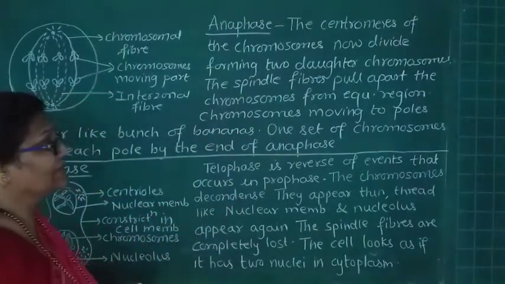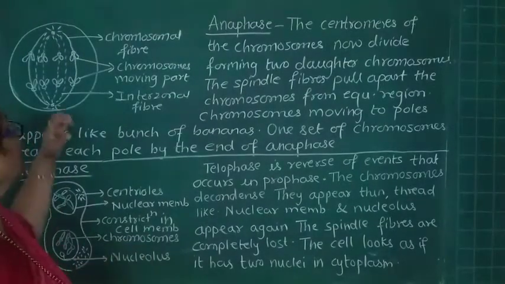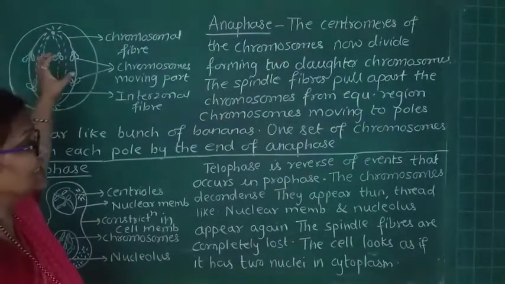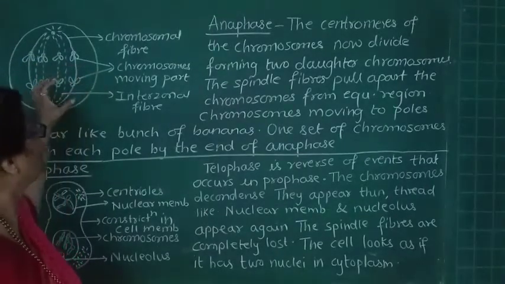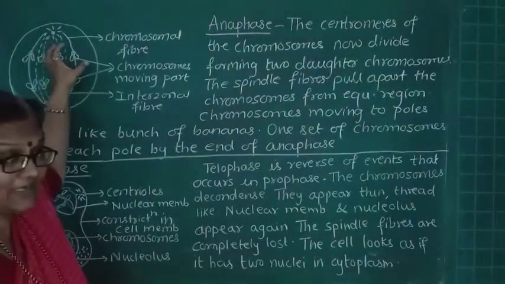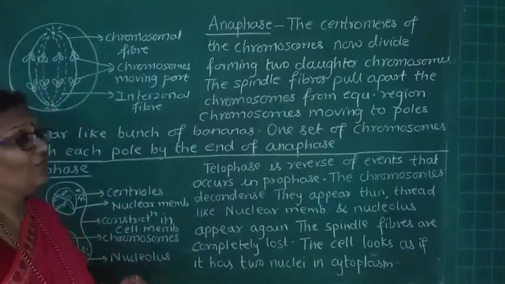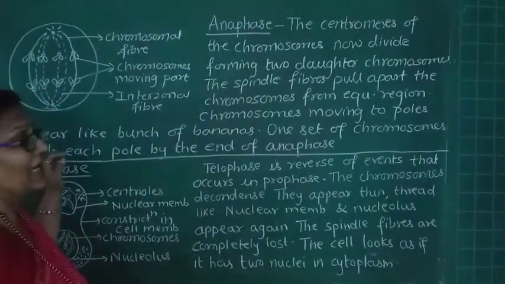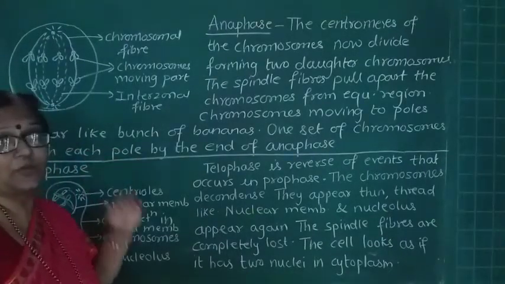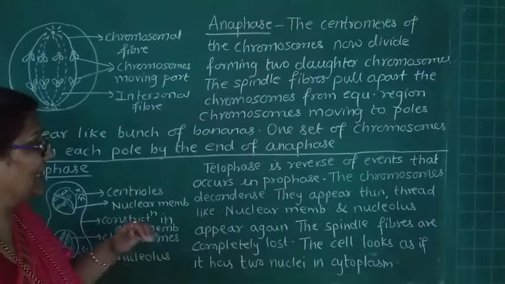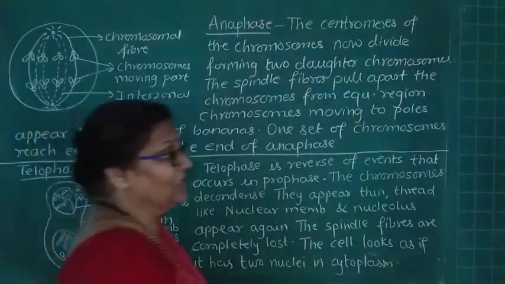That means, at anaphase, as the chromosomes separate and move apart from each other, there is formation of one set of chromosomes, and this set reaches each pole by the end of the anaphase. Next comes the phase that is the telophase.